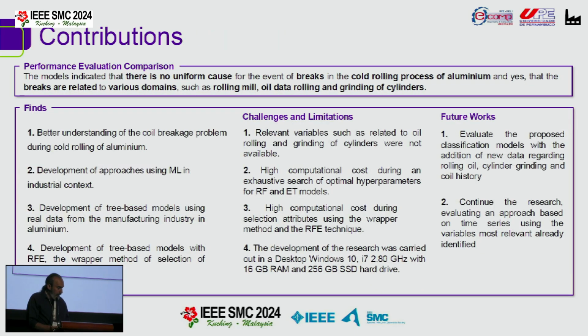The models indicate that there is no uniform cause for the event of breaks in the cold rolling process of aluminum, and that the breaks are related to various domains such as rolling mill, rolling oil data, and grinding of cylinders.